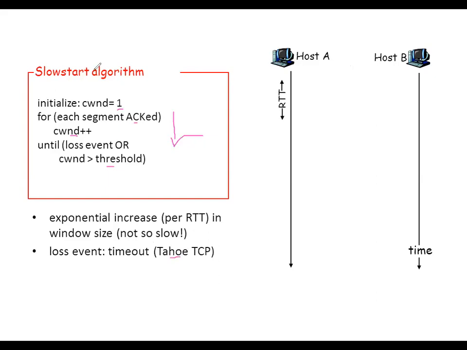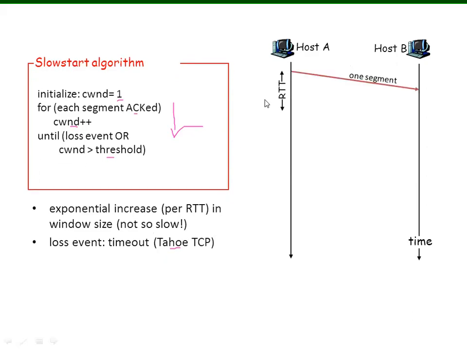So here we can see one example of slow start algorithm, that initially, since the window size is only 1, sender will be sending only 1 segment. Now for this, sender will start a timer called retransmission timer. That is, within this time, sender will be waiting to receive acknowledgement from the receiver.